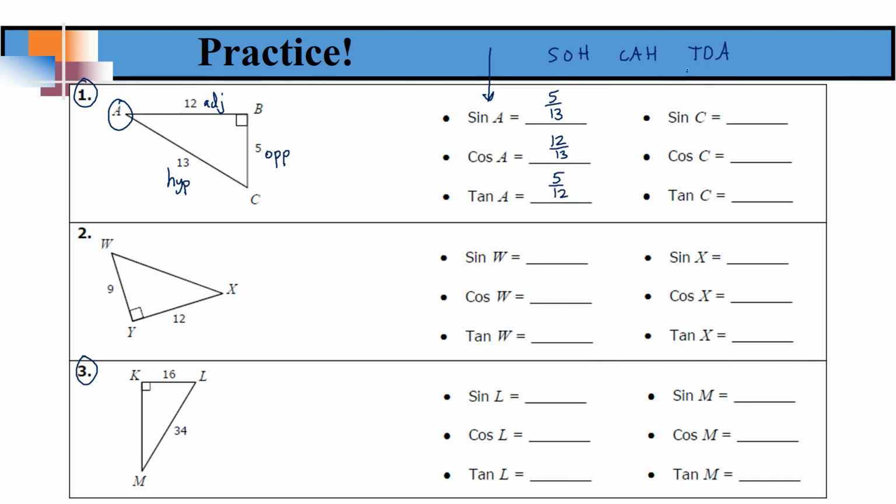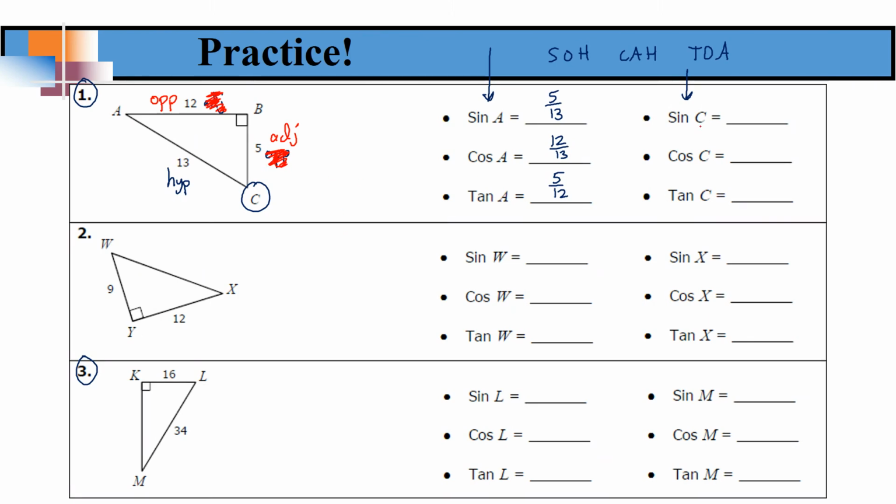Now, as we look at the next set of examples, you'll notice that now we're paying attention to angle C. I would encourage you to take your pencil and erase the circle we put around angle A and now circle angle C. We also need to change some of the classifications, right? 13 is still the hypotenuse, but now across from angle C, or opposite of angle C, is 12. 12 is the opposite side, and adjacent to angle C is 5. 5 is adjacent.